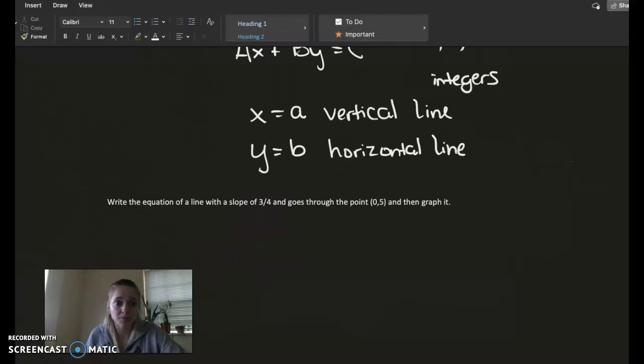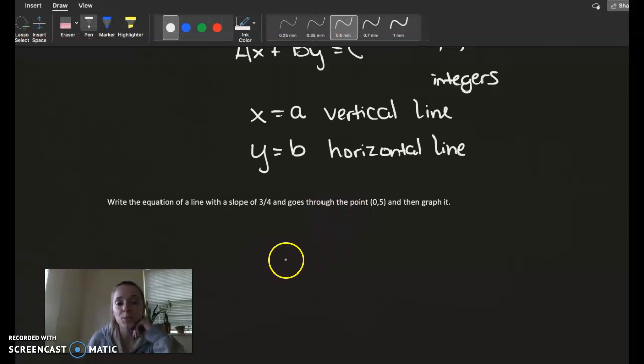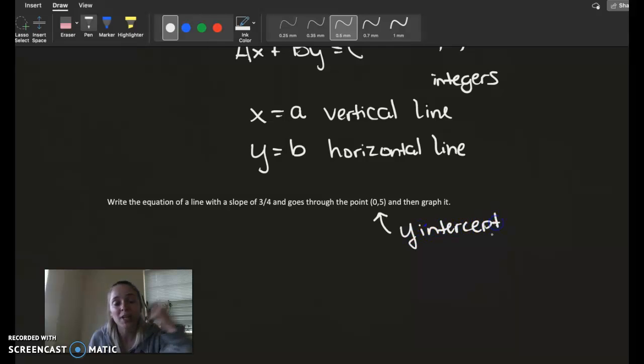Knowing what we know, write the equation of a line with a slope of 3/4 that goes through the point (0, 5), and then graph it. So this point here, it's very important to notice that the x value is 0. And because the x value is 0, that actually makes this a y-intercept, which means I'm given the slope and the y-intercept.